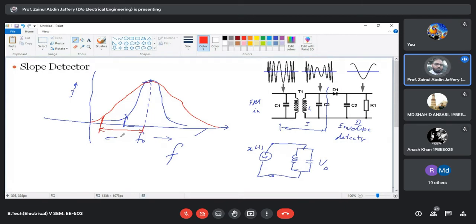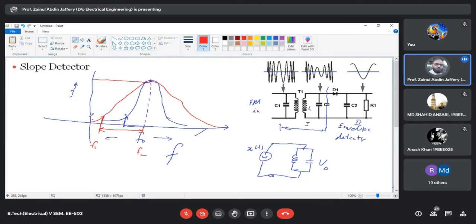In this range, this is your f1 and this is your f2. In this range you see, as the frequency varies, the voltage or the current varies linearly.